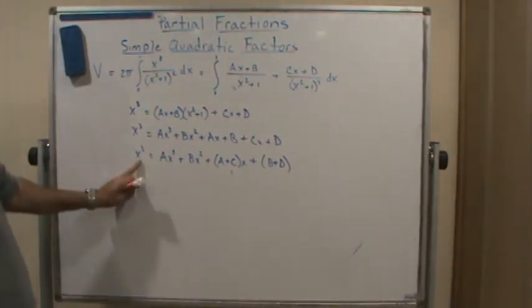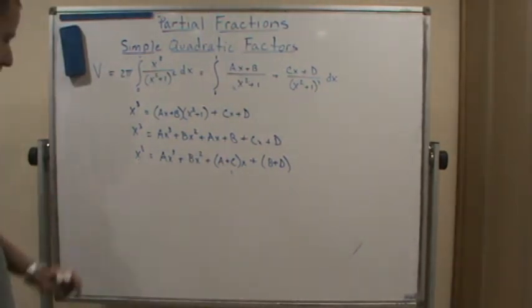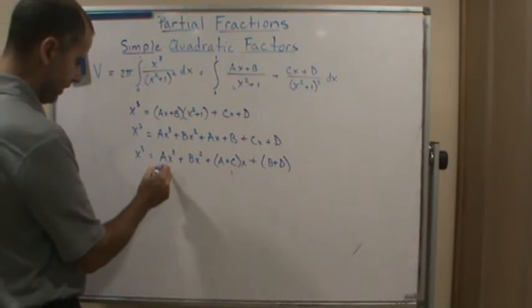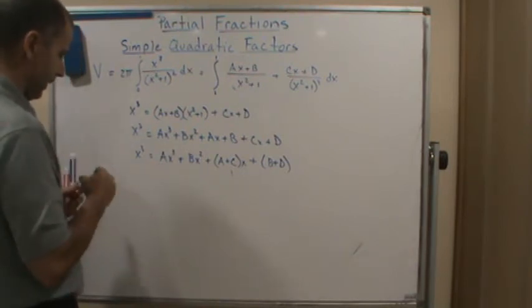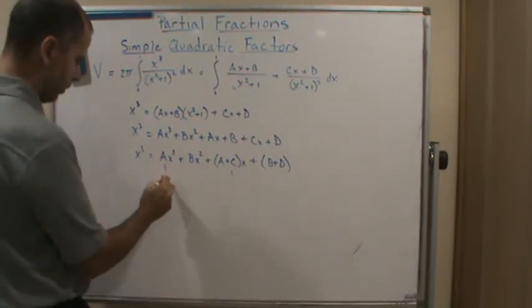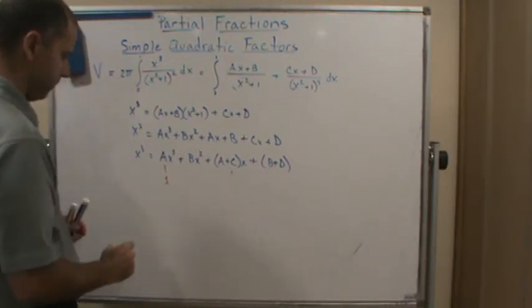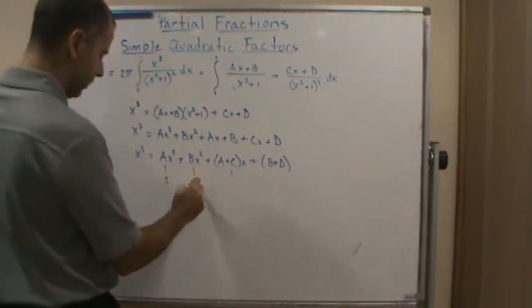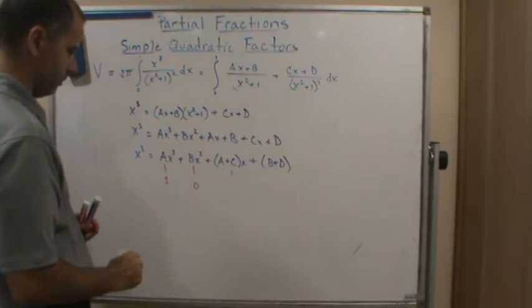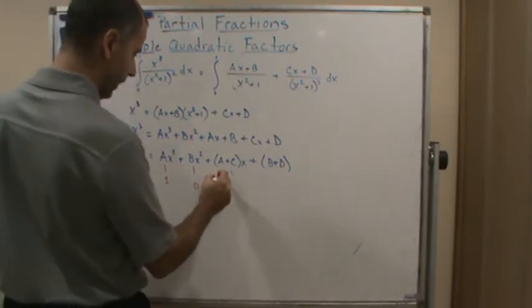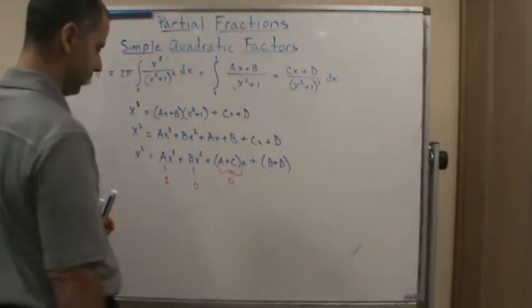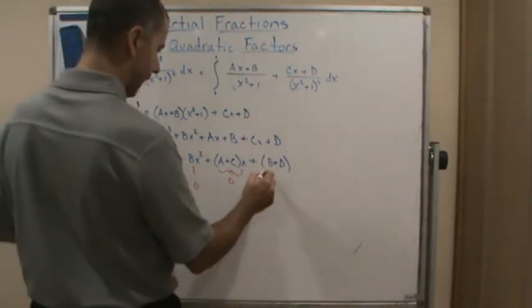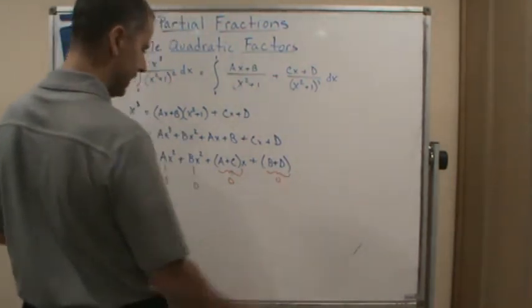Now, since I've only got an x cubed term, that means a has to equal 1, b has to equal 0, right? a plus c has to equal 0, and b plus d has to equal 0.